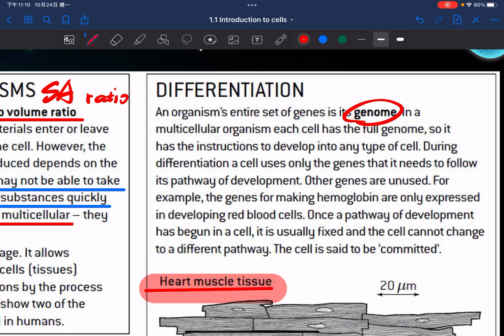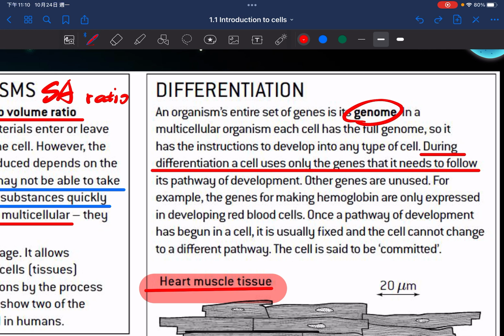So let's see the next sentence. Once every single cell has an identical genome, how can they be so many different types? During differentiation, a cell uses only the genes that it needs to follow its pathway for development.